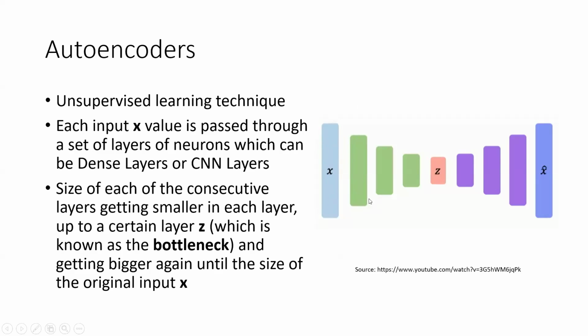And these are some of the layers of the neural network, which can either be dense, feed forward fully connected layers, or they can be some convolutional layers. In convolution layers also there are different architectures. Some of them we have discussed, and those layers can be used here.